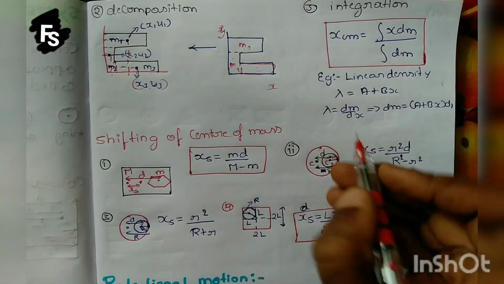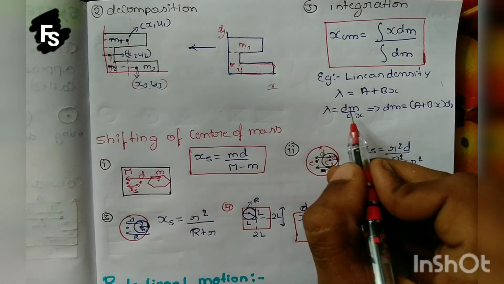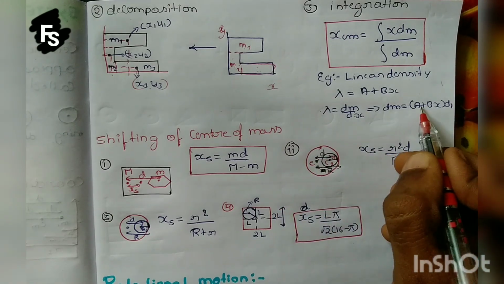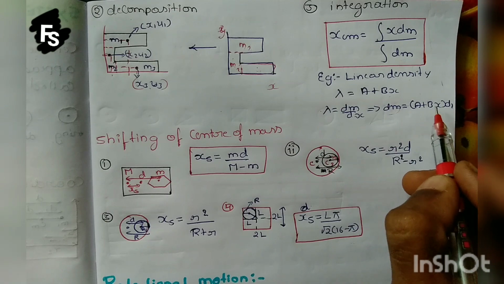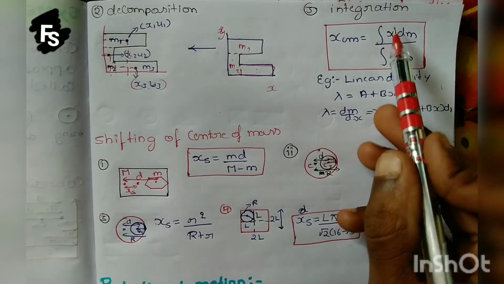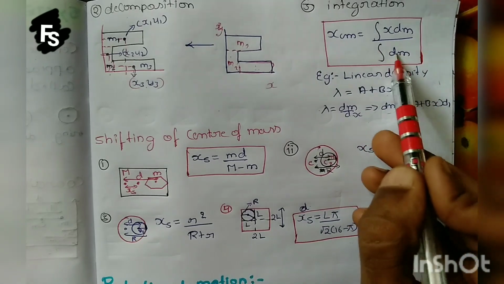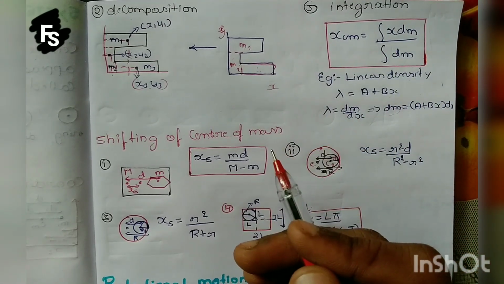First, lambda is equal to dm by dx. Am I right? Lambda is equal to dm by dx. Then what is lambda? a plus bx. Then move this here. Then dm equals a plus bx into dx. Yes, we get the dm. Then these values are applied in this formula. See, xcm is equal to integration of x into dm, means this, divided by integration of dm, means this. Then, by working out the integration value, we will get the answer.